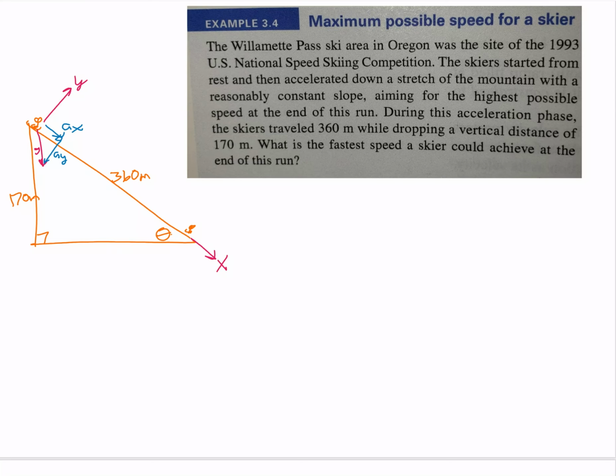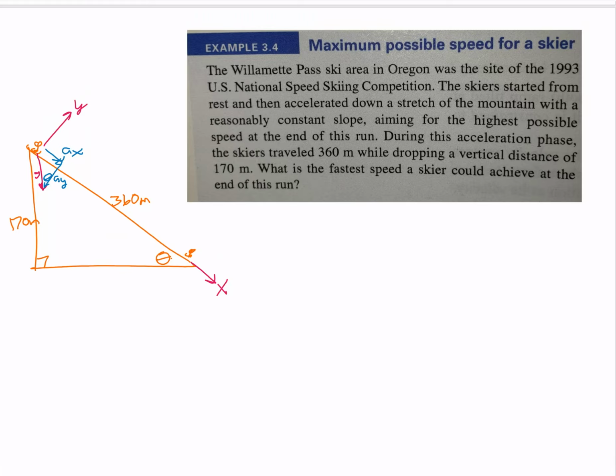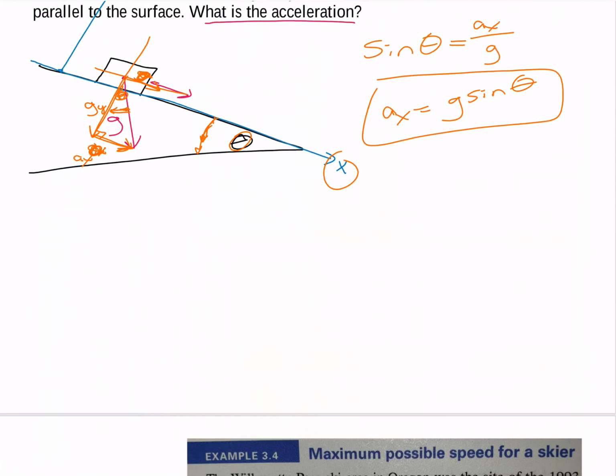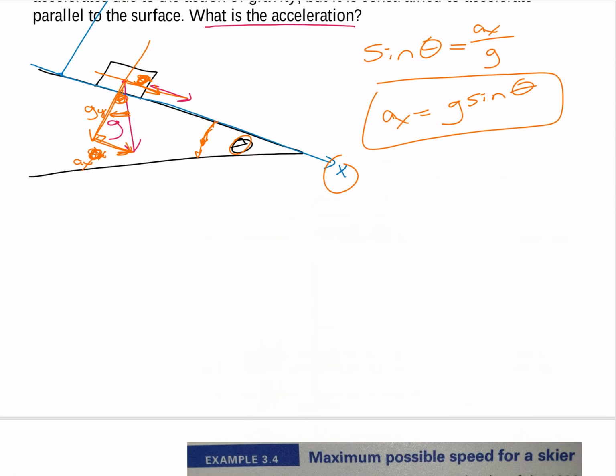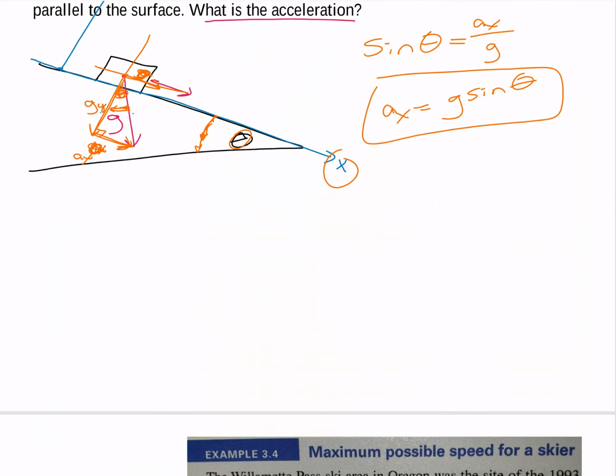Theta would be between gravity and A sub Y. Yep, it's right here. In the other one, I drew the other right triangle, but it was still where the A sub Y and G came together.